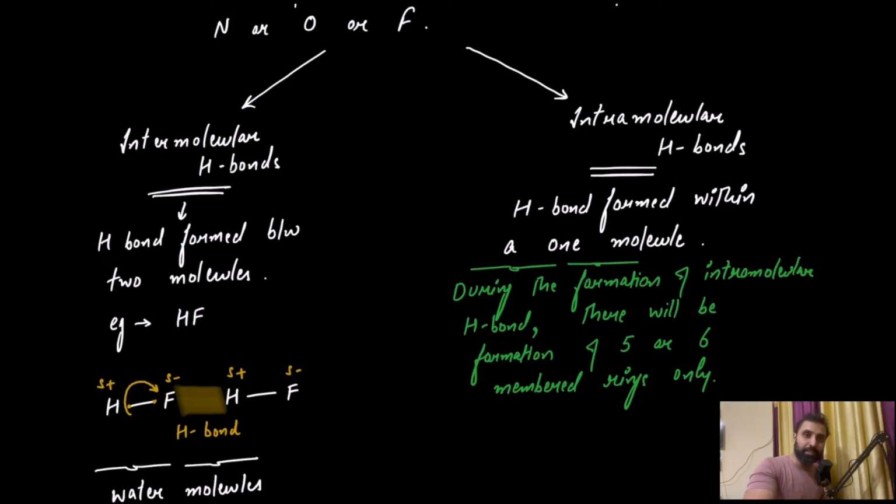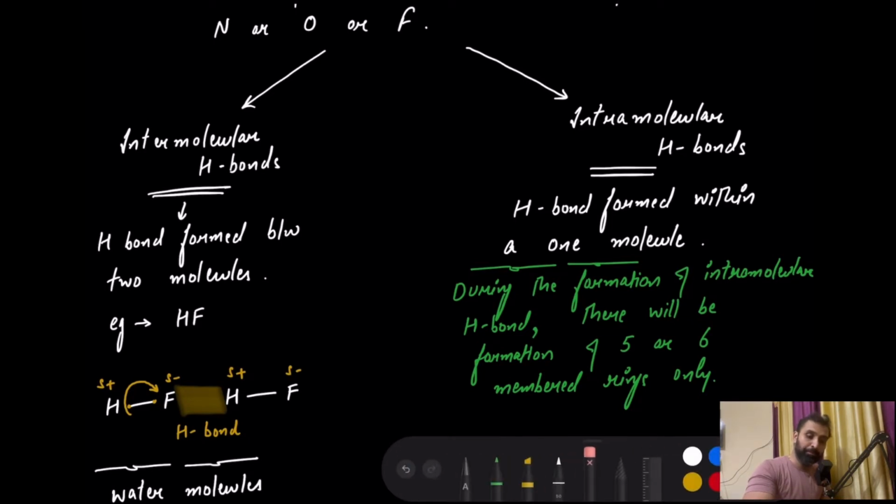Now, let's take an example to clear this point. What do we mean by that? Five or six membered rings only.